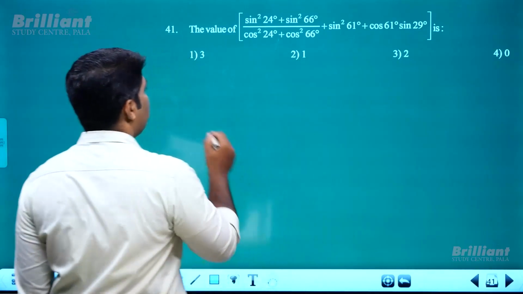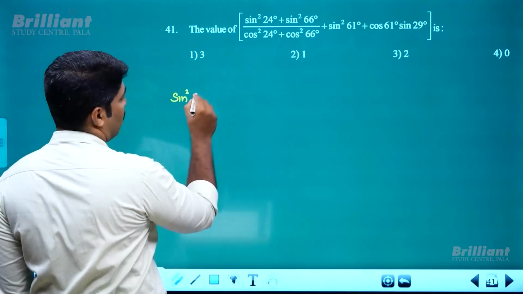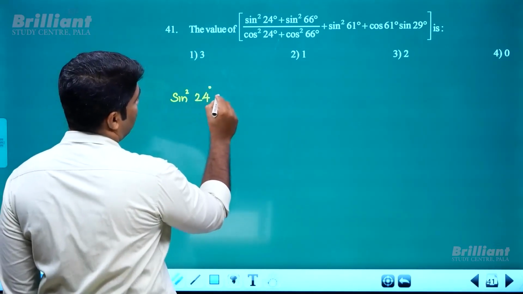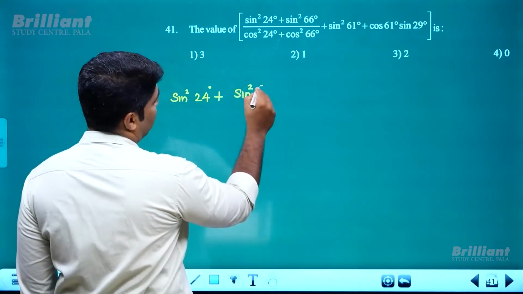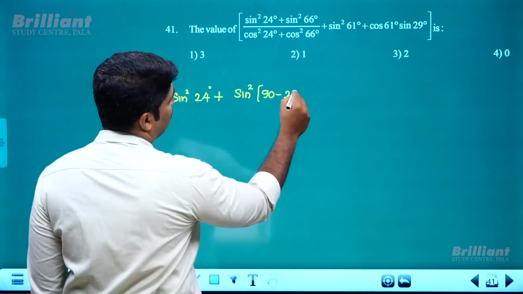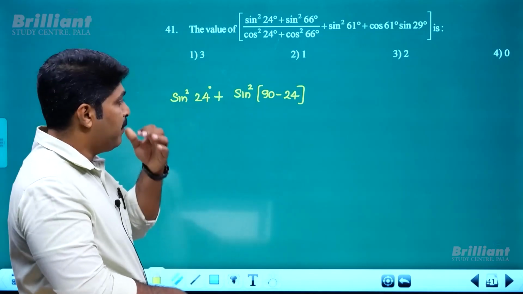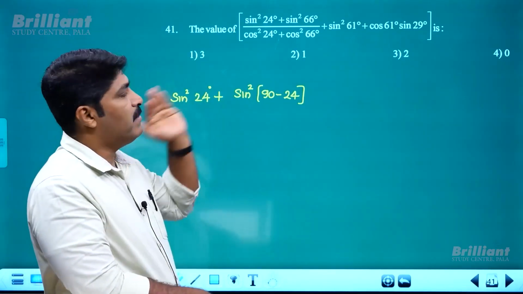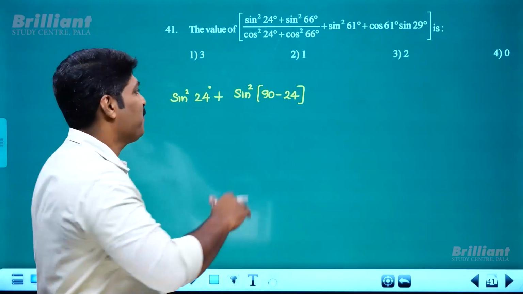Therefore, we convert the numerator part of the first one: this is sine square 24 degree plus sine square of 90 minus 24. What is 66? 66 is nothing but 90 minus 24. Whether we are applying a square, that's not a matter. Sine of 90 minus 24, the whole square, that is sine square of 90 minus 24.